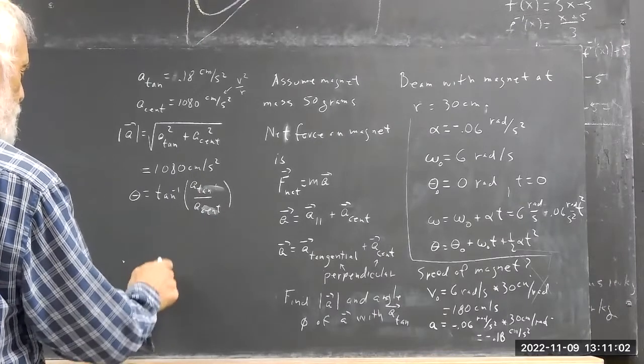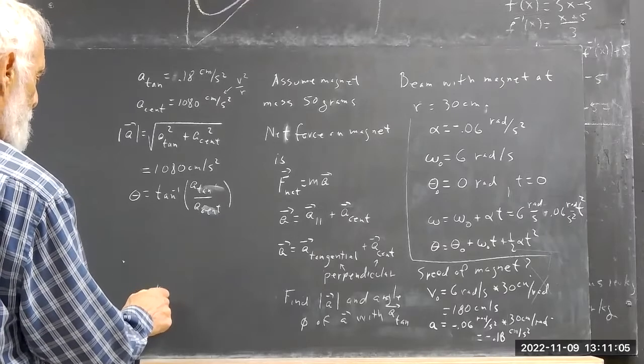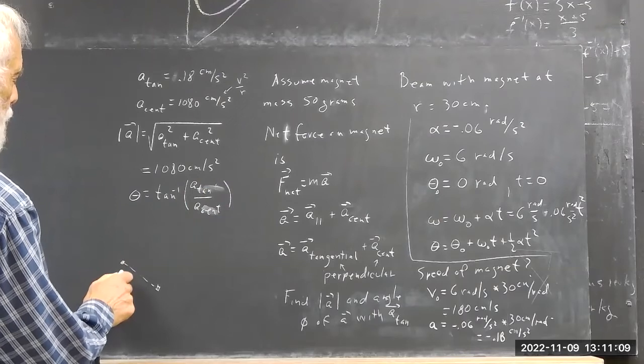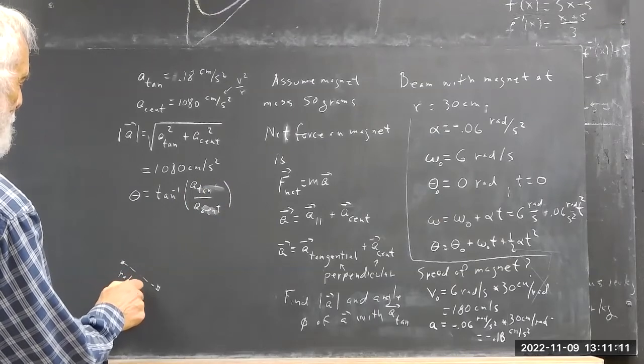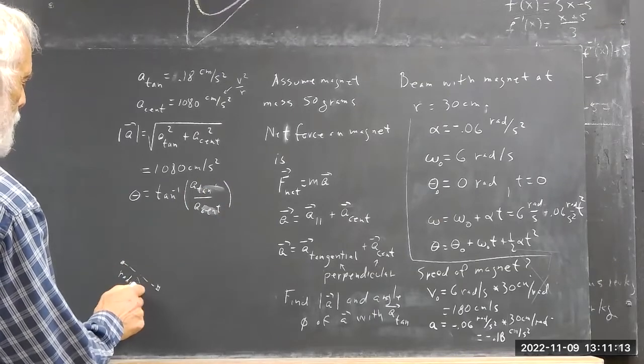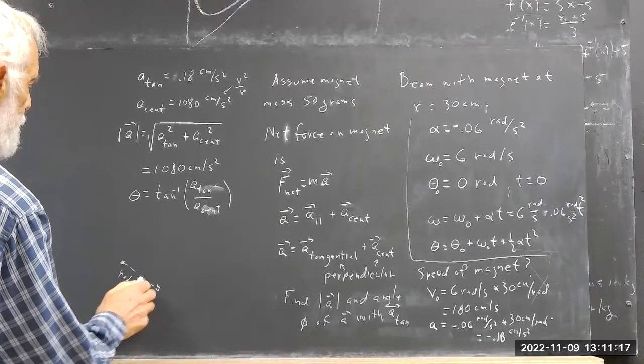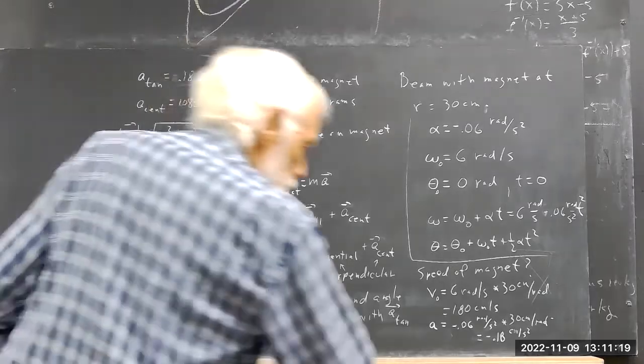Here's your magnet at whatever position. Here's your radial direction, which I should have labeled on the other side. Let me do it right.